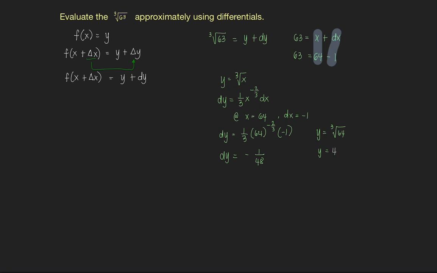So we now have dy, and we now have y. We can now solve for the cube root of 63. So therefore, the cube root of 63 is equal to our y, which is 4, plus our dy, which is negative 1 over 48. So 4 minus 1 over 48.